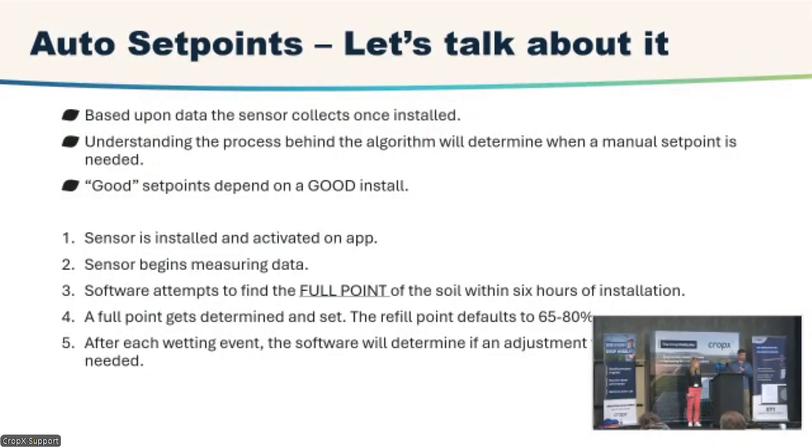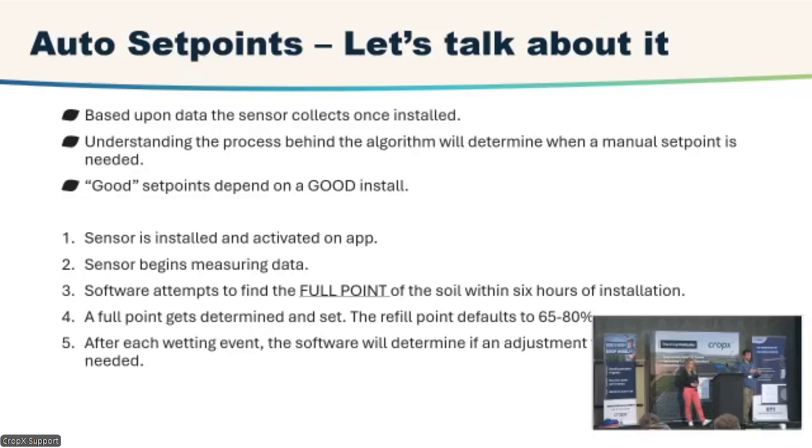And that was that feature that Taha talked about, where we updated the let CropX decide versus tell me if this is full or refill. So that's what I mean by the moisture offset. So we moved that initial set point timing down to 6 hours because we want that input that you provide with the moisture offset input to be relevant.